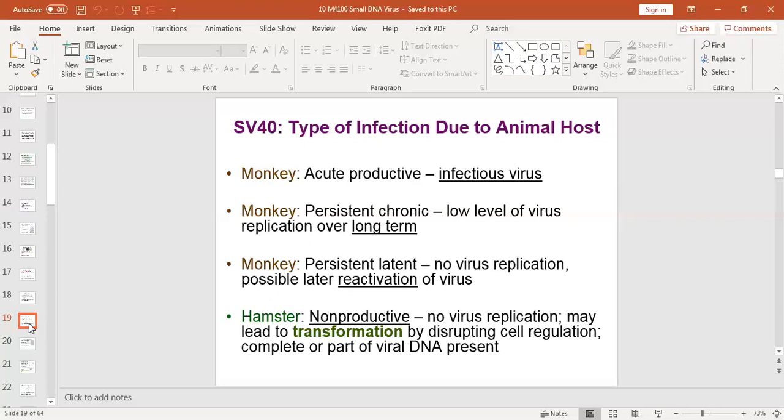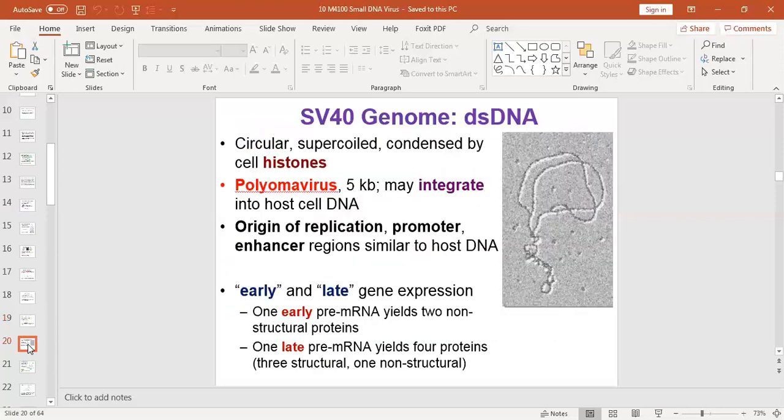And in hamsters, we see a non-productive infection, that there is no viral DNA replication going on, but it can result in transformation or carcinogenesis or cancer formation of the host cells. Moving to slide number 20.